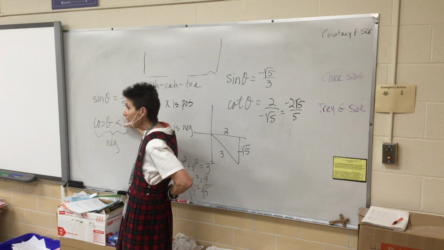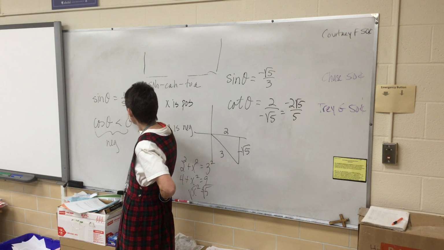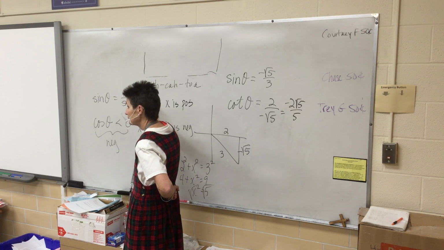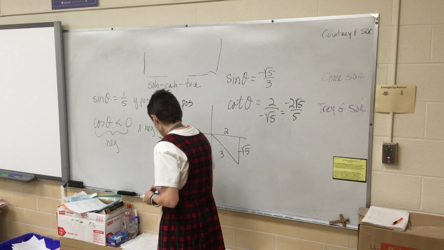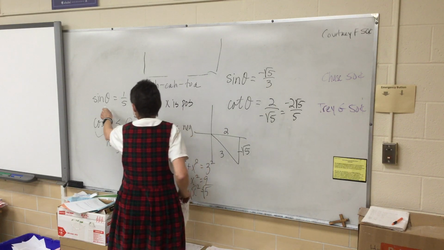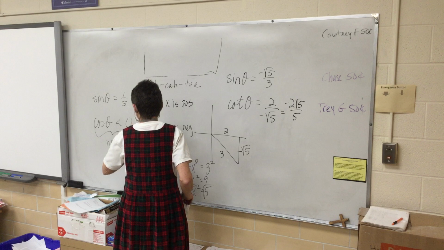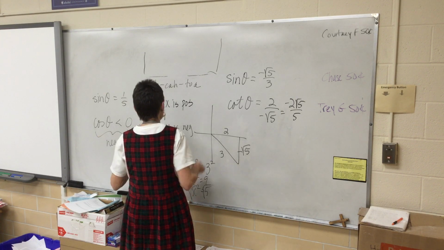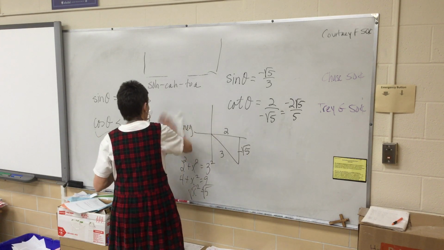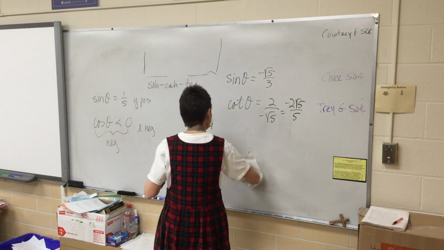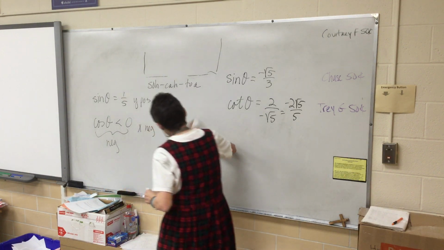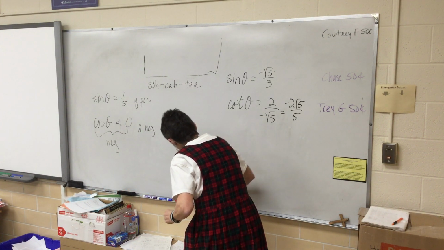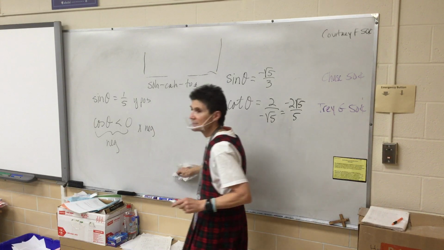The sine is positive, so what does that mean? Y is positive. Positive sine means positive y. Negative cosine means negative x. Well, where is it that y is positive but x is negative?